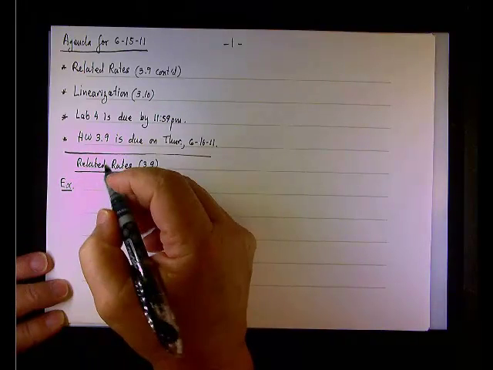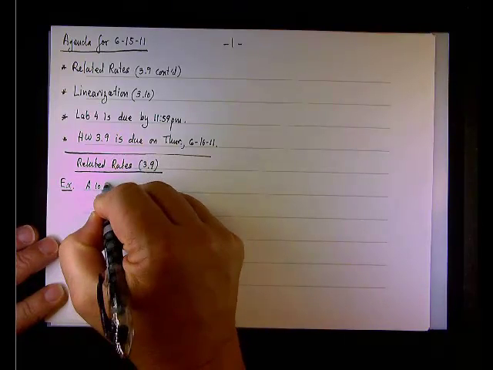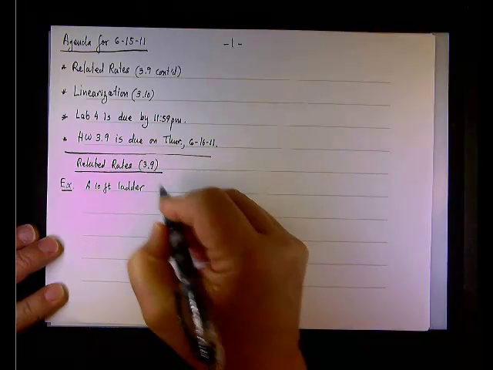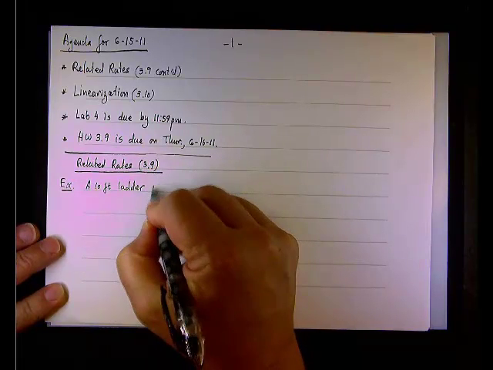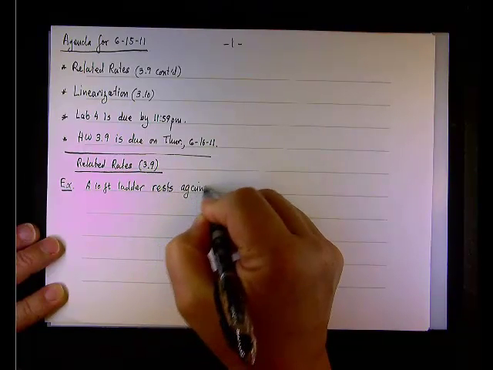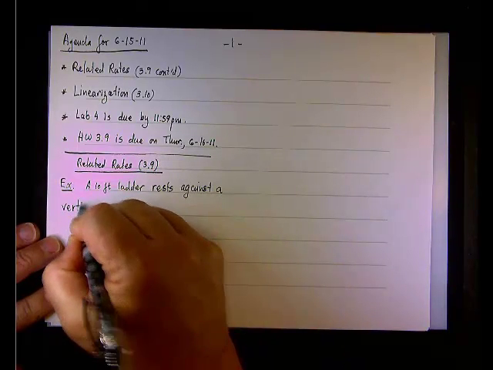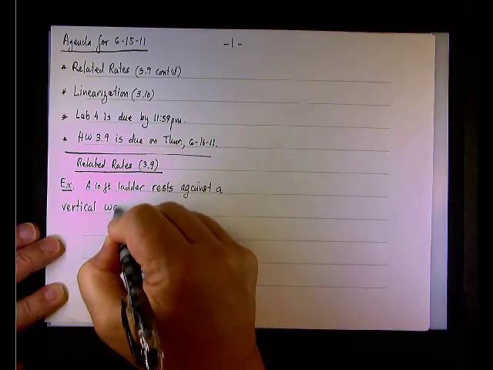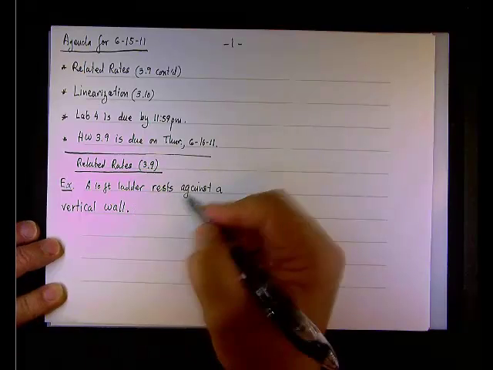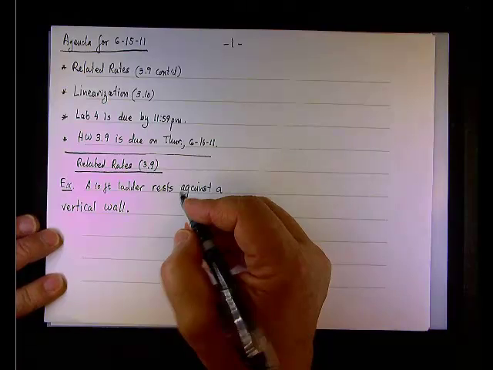A classic example, you find it in every textbook. It goes like this: a 10-foot ladder rests against a vertical wall. As often happens, if you don't have good friction, the bottom of the ladder starts sliding.